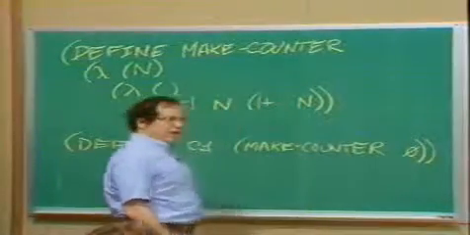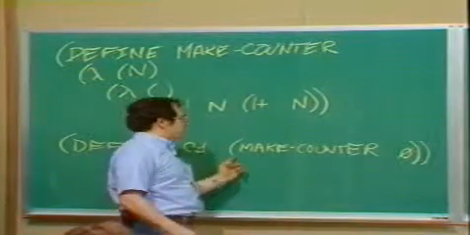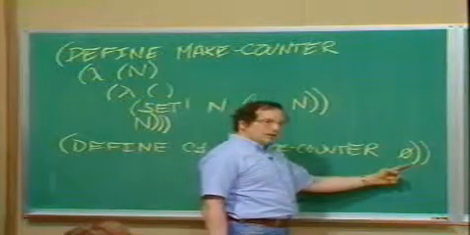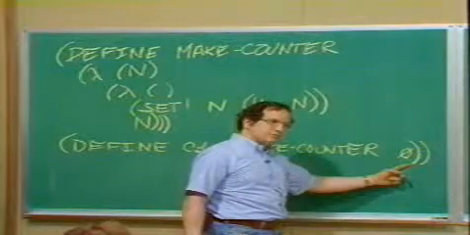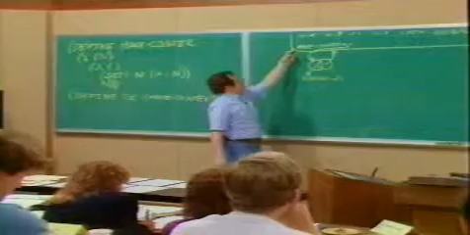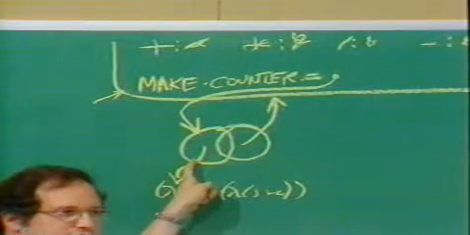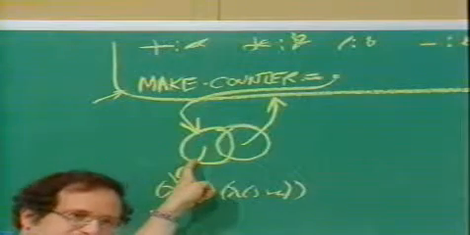Well, we know how to do this now, according to the model. I have to evaluate the expression make counter of 0 in the global environment. I look up make counter and see that it's a procedure. Okay? I'm going to have to apply that procedure.